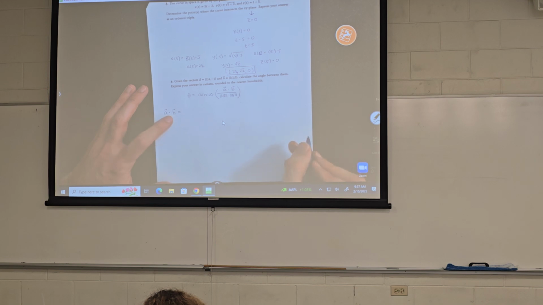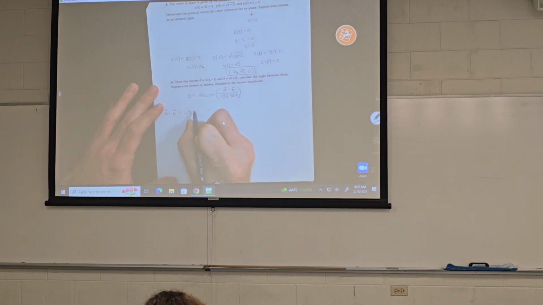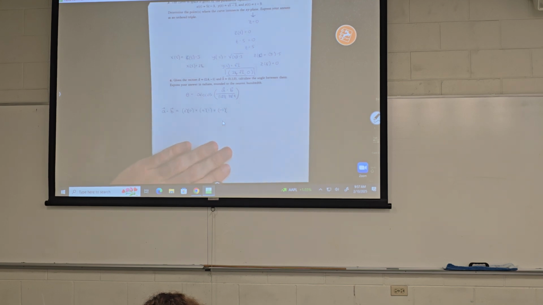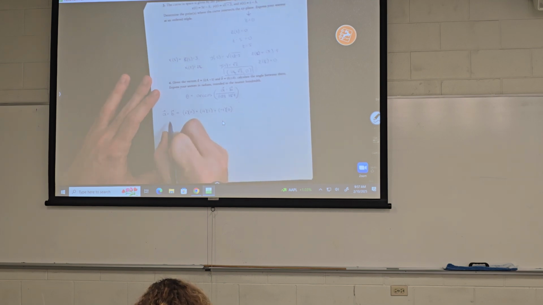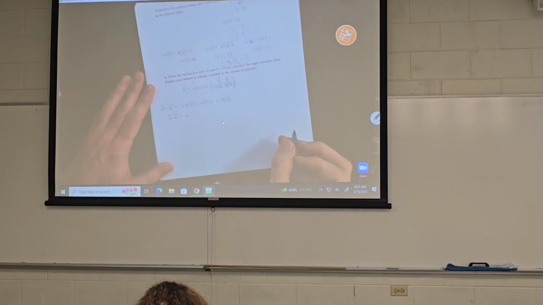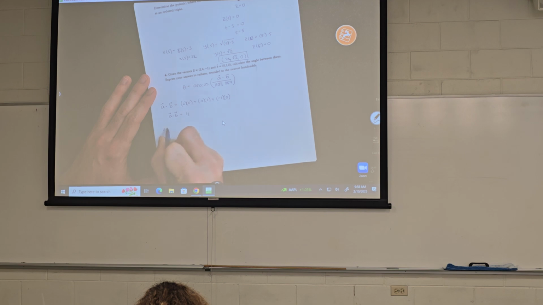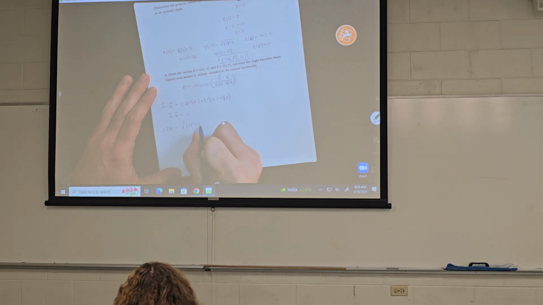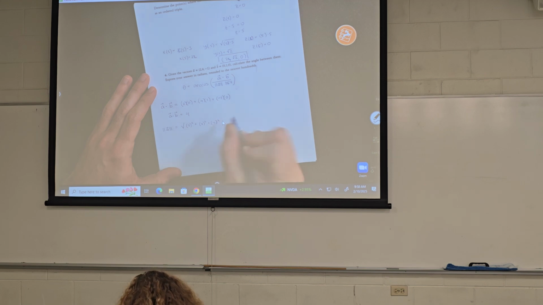To find the dot product, you multiply the x's, multiply the y's, multiply the z's, and then add them all together. So let's see what it is. 4, 16, 20, 21.